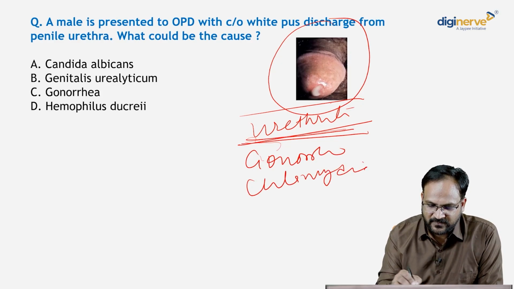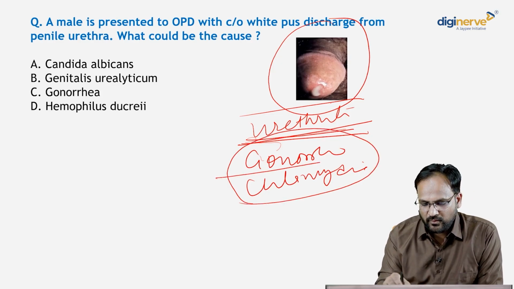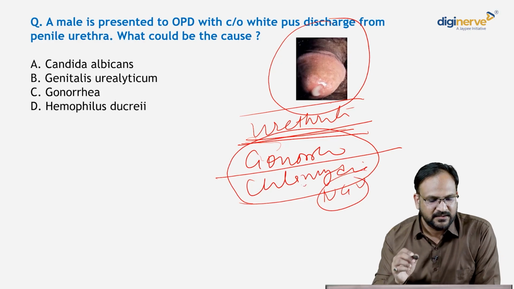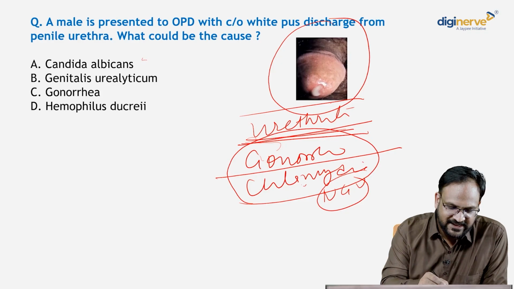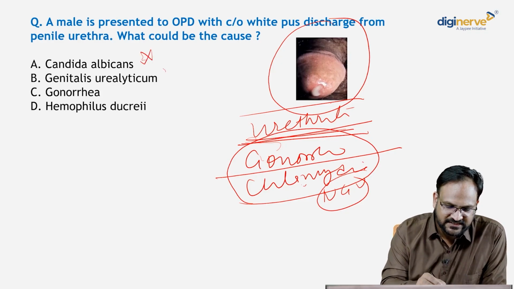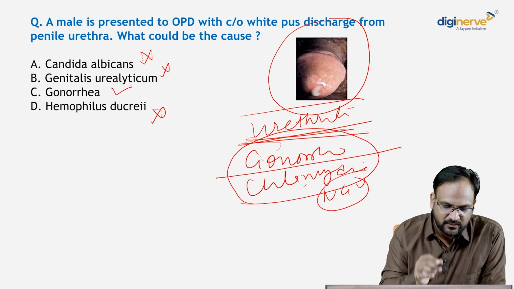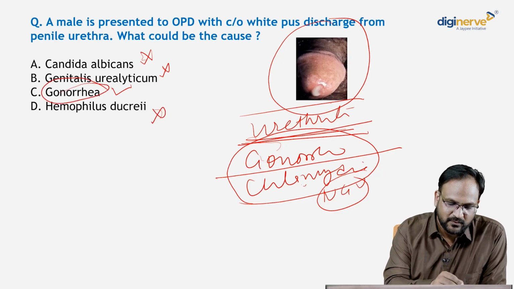These two are the options: gonorrhea or non-gonococcal urethritis, that is chlamydia. So here, looking at the options, Candida albicans cannot be, Ureaplasma urealyticum cannot be, gonorrhea is the option, and Haemophilus ducreyi cannot be. So I am going with gonorrhea.